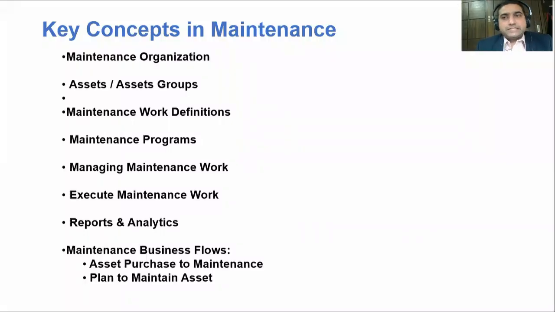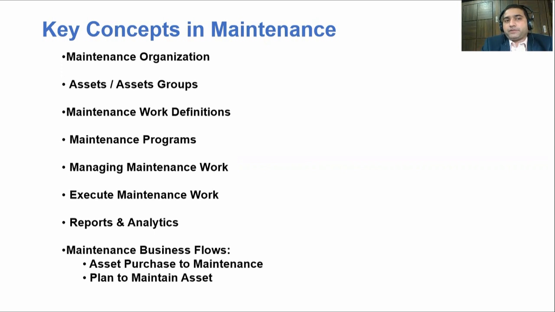Okay, so we'll see the key concepts in maintenance. The first concept is the maintenance organization. We just discussed briefly the various roles or the various structures of maintenance organizations.